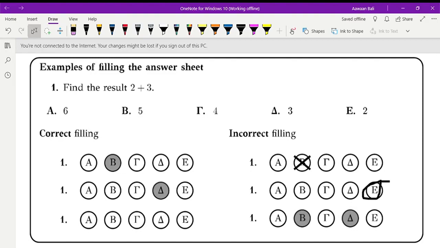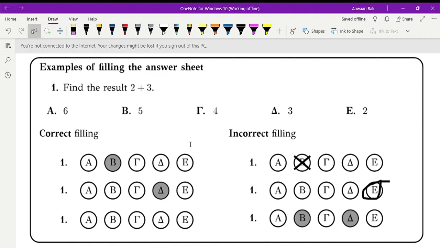It says here, examples of filling the answer sheet. Now you'll get this paper, which I'm covering right here, and there'll be at least 5 options. And you'll have another sheet, and it has the options: alpha, beta, gamma, delta, eta, the first 5 letters in the Greek alphabet.